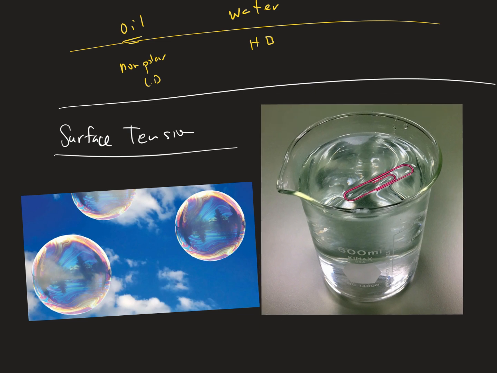I think I figured it out. Yeah, what does it say? So it says, you might find it surprising that oil, which relies on London dispersion forces, is more viscous than water. Water has hydrogen bonds, which are stronger. But basically, since oil is a larger, more complex molecule, heavy and elongated, it has more surface area, which creates a stronger cumulative London force.